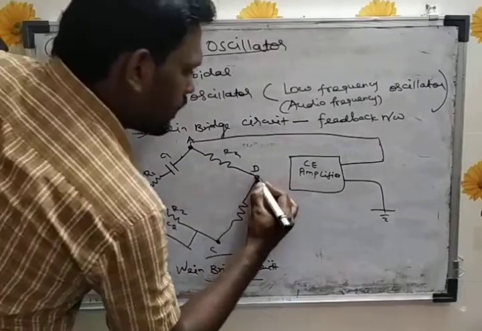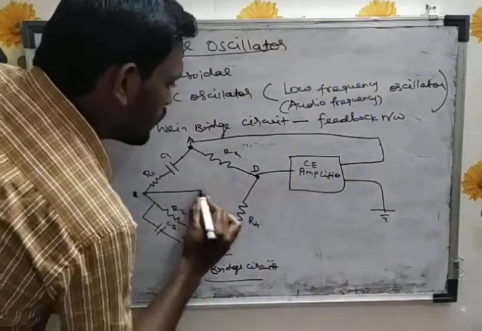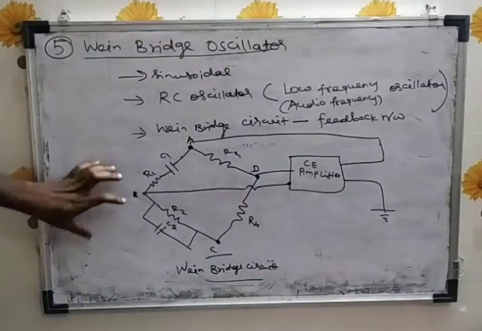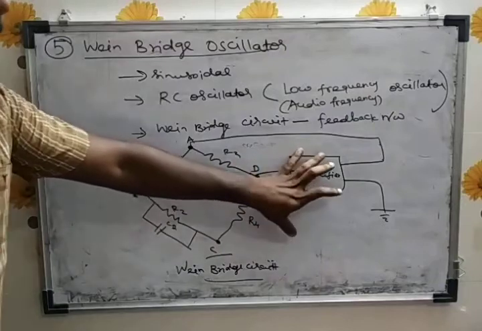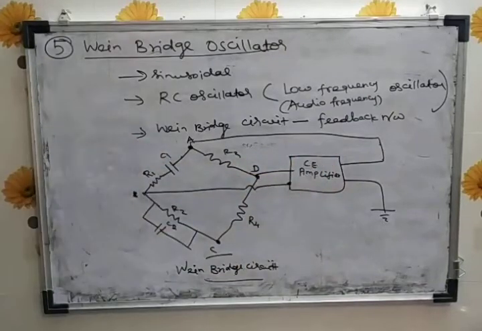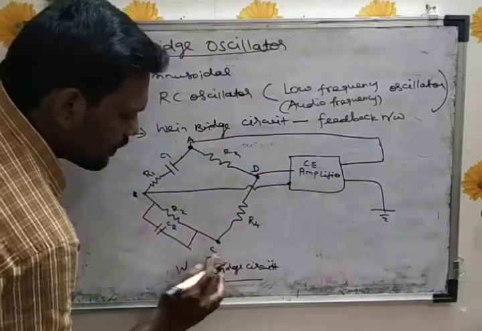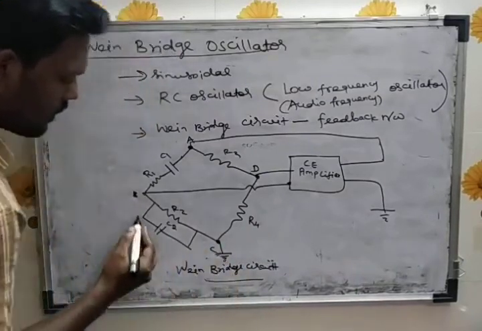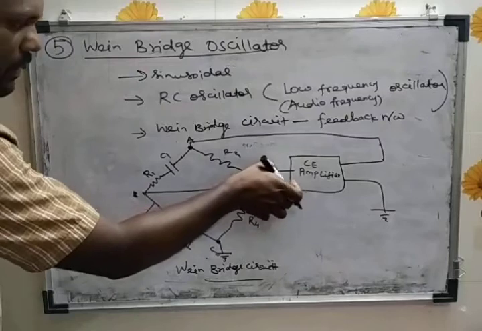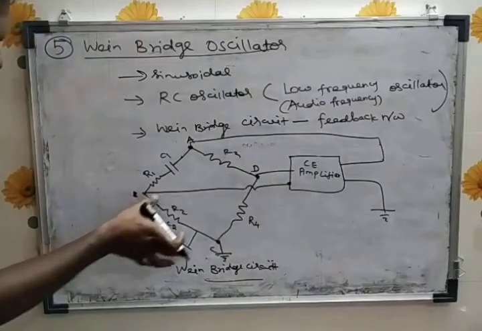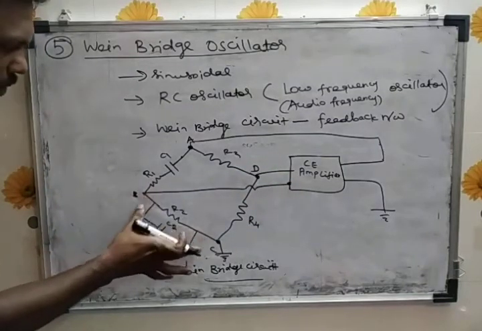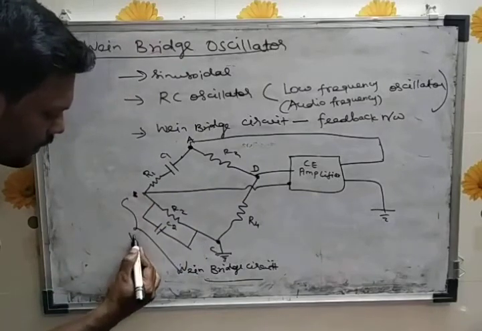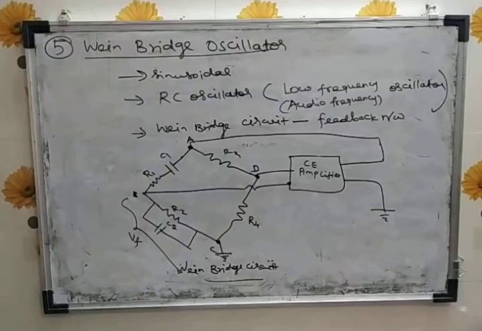So we connect the Wien-Bridge circuit to the input of the CE amplifier. Here the C point is grounded, so the feedback element is given in this arm. This is the BC arm, and we give the feedback signal VF.